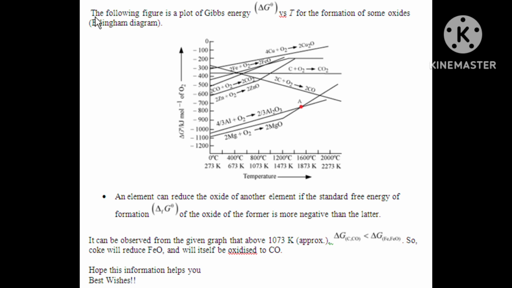At temperatures below the point of intersection of the aluminum oxide and magnesium oxide curves, magnesium can reduce alumina. That is clear, but the process will be very, very costly.